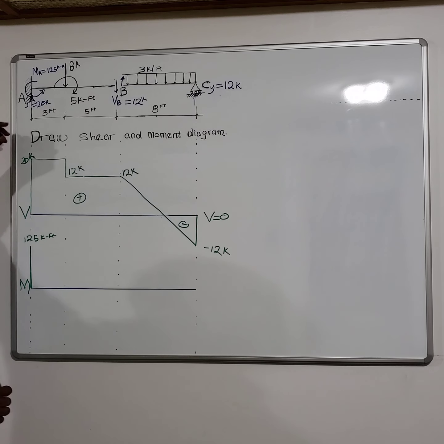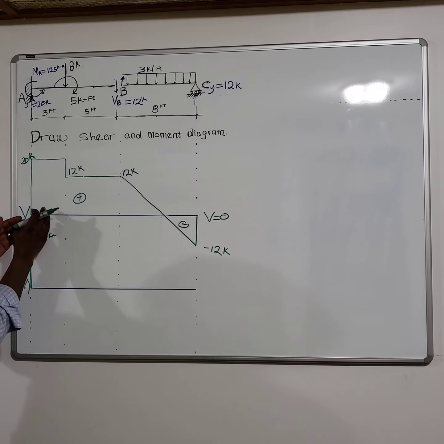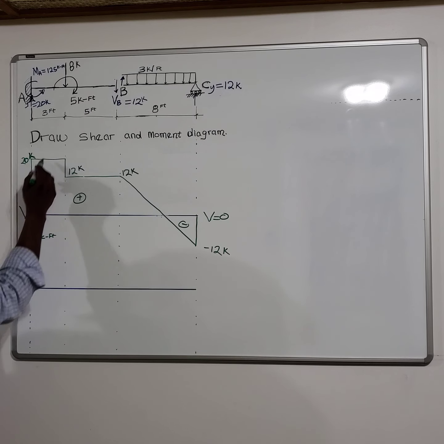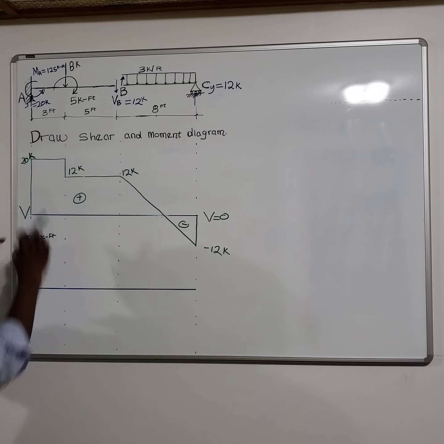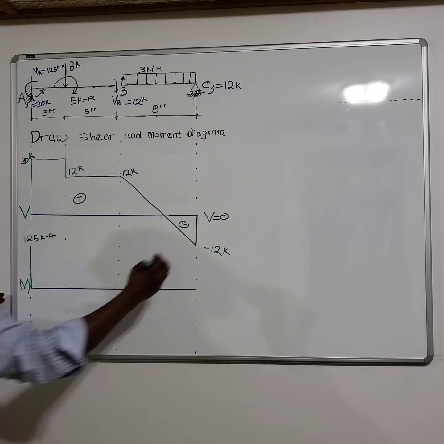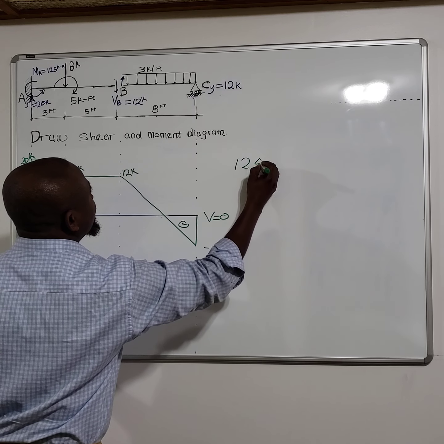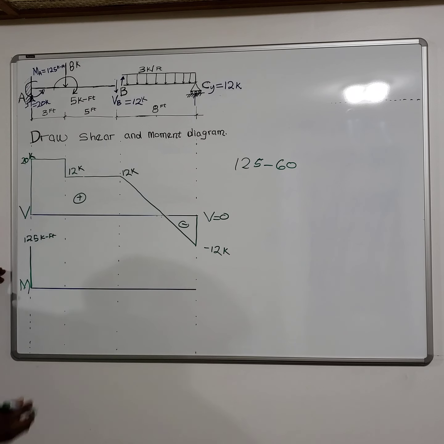Now you look at the area under this curve here. We have 20, and this length here is 3. So 20 multiplied by 3 is 60. You subtract 60 from 125, so you're going to have 65.